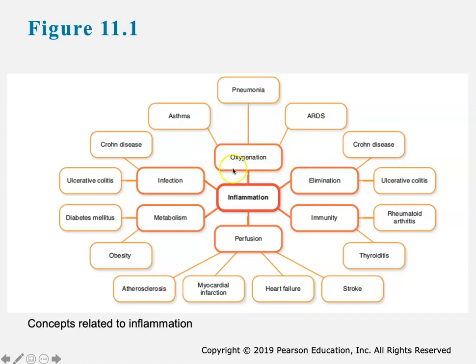And if you think about inflammation, particularly in the respiratory system, right, it leads to things like asthma, pneumonia. Okay. ARDS, we'll talk about that later on in the chapter. If we're talking about elimination, right, Crohn's disease, colitis. Okay. So you can get an idea of things here. Again, if we're particularly going to talk about perfusion, right, heart failure, atherosclerosis, stroke, those are all things that are going to be related to that concept.